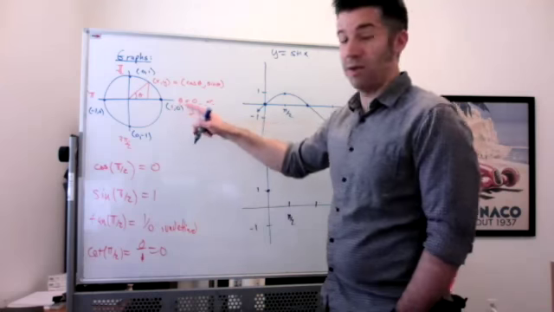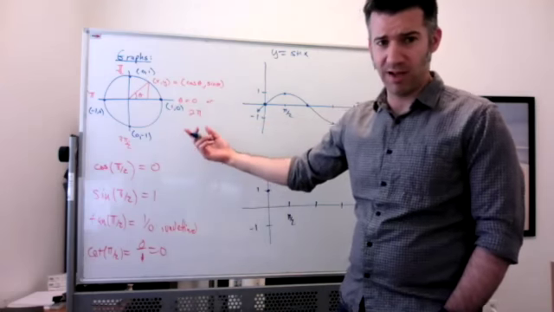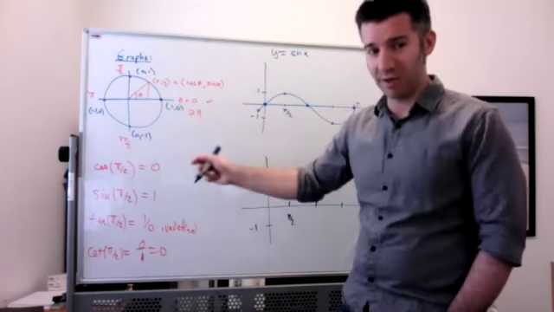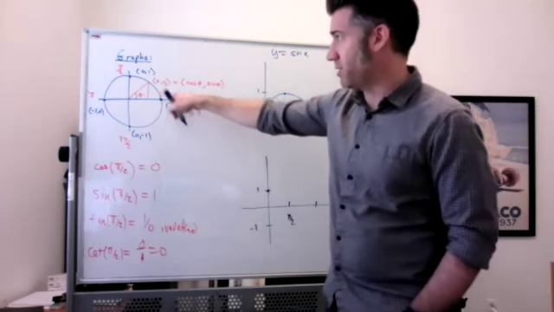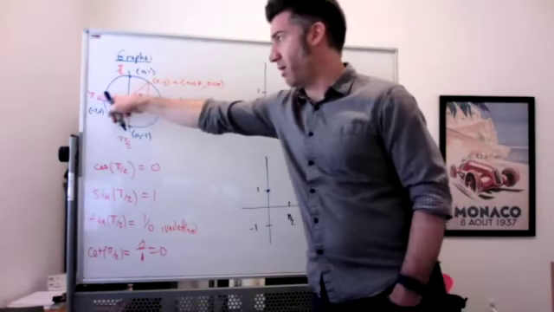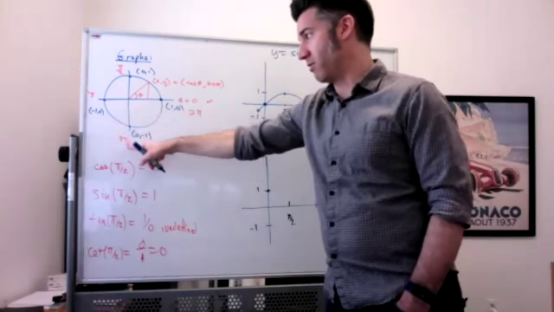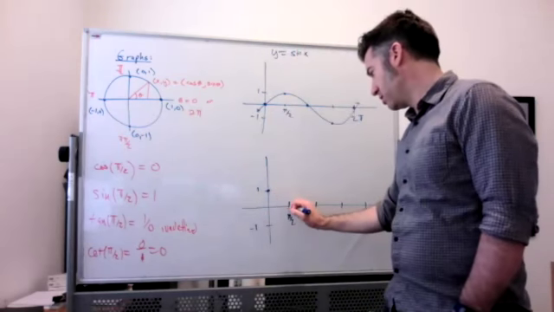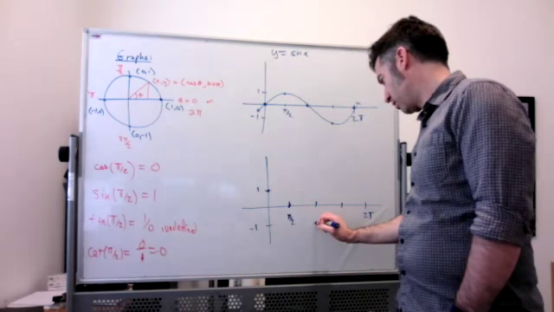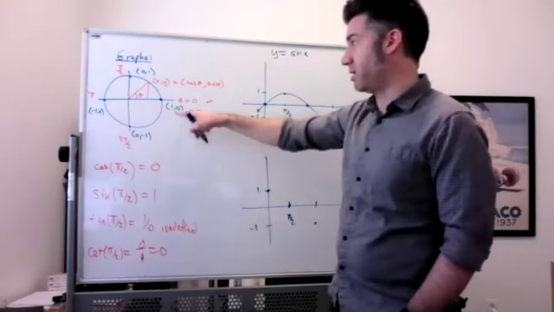Cosine of 0 is 1. Cosine of pi over 2 is 0. Cosine of pi is negative 1. Cosine of 3 pi over 2 is 0. So 1, 0, negative 1, 0. And then cosine of 2 pi is back to 1.